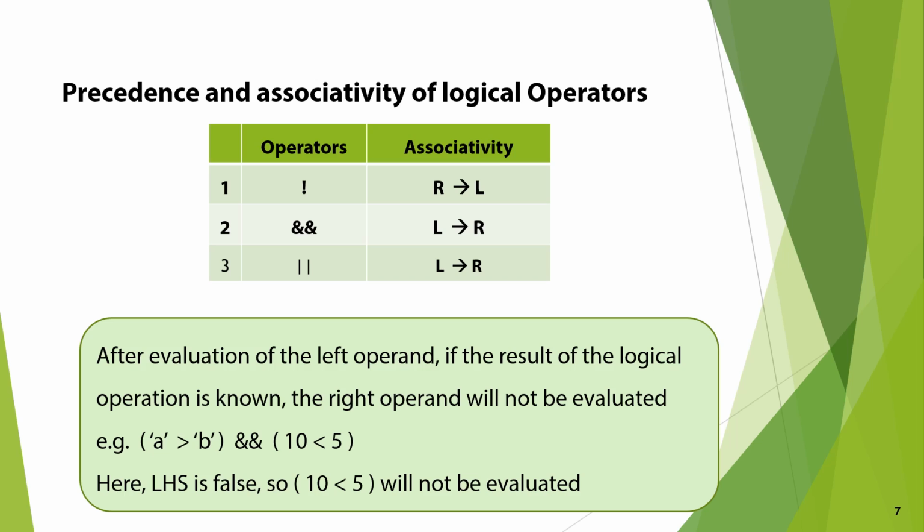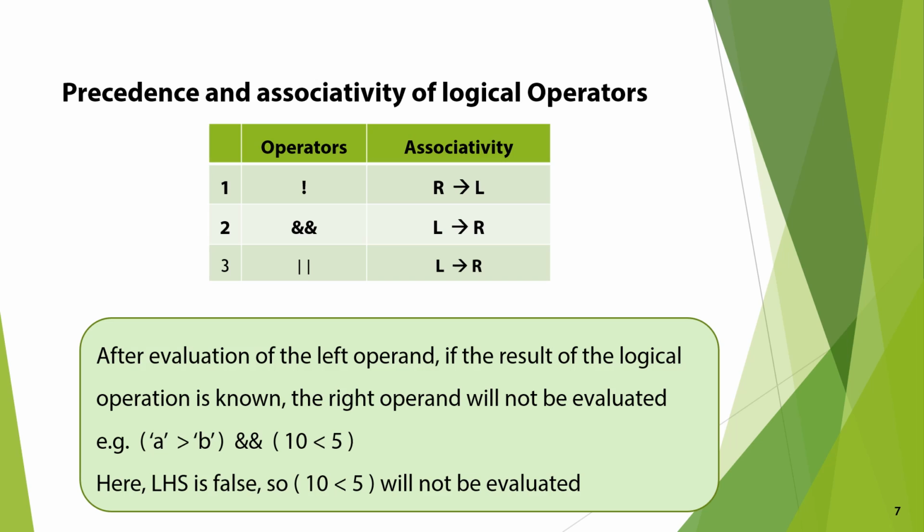Now, if in our expression there are many small expressions, then whenever we are knowing the result of logical operation of left operand, then we will not evaluate or execute the right operand. For example, see here, A is greater than B and 10 is less than 5.